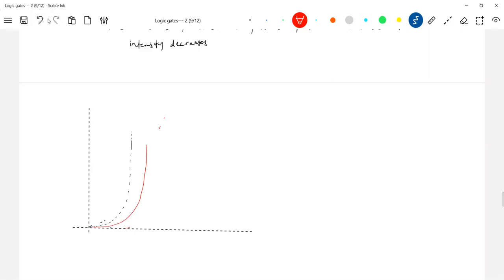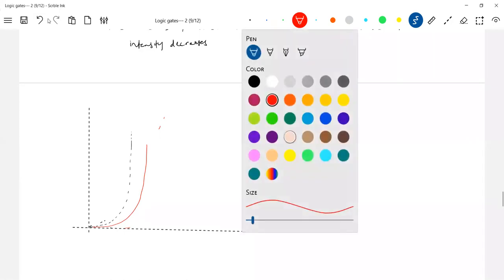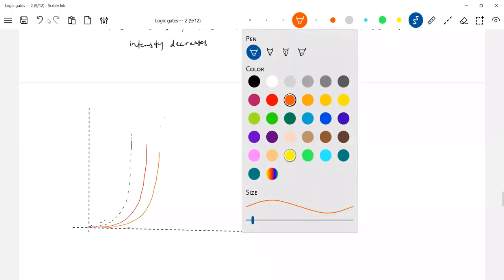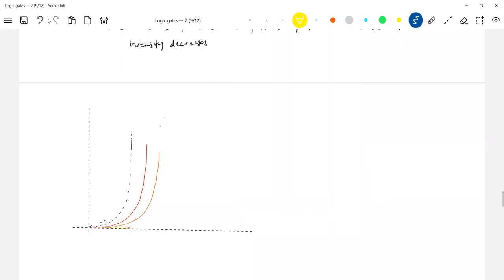Amber means it should be yellow, no? Some sort of orange color it will come. Amber, orange-red is called amber. It's very important. Next we have yellow. Green.